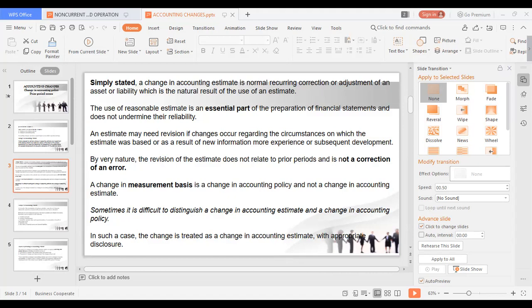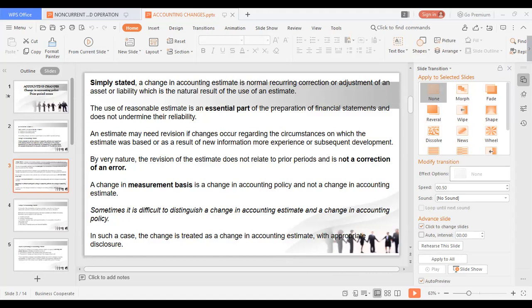Then we have the prior period errors under depreciation. In 2018, there was an under depreciation of 25,000, resulting to overstatement of each year's income by 25,000.